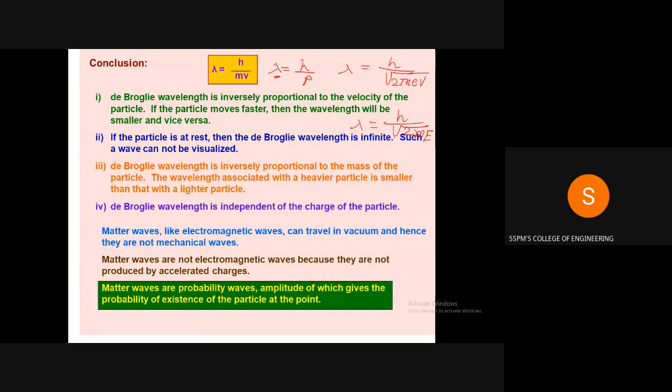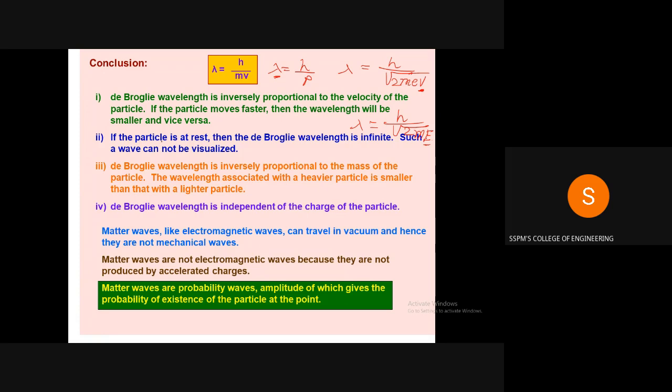Lambda equals h by mv, lambda equals h by p, lambda equals h upon square root of 2 mev. This v is not velocity, this v is the accelerating potential difference. Lambda equals h upon square root of 2 me. What is E? Sorry, energy of the particle which is in motion with certain velocity v.